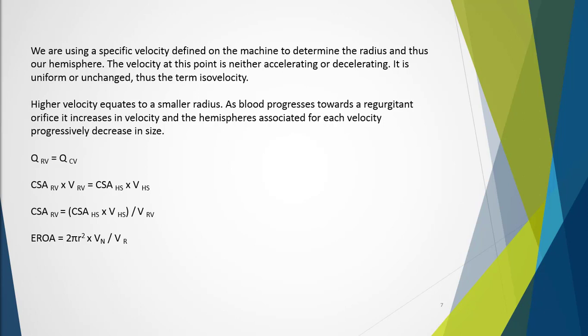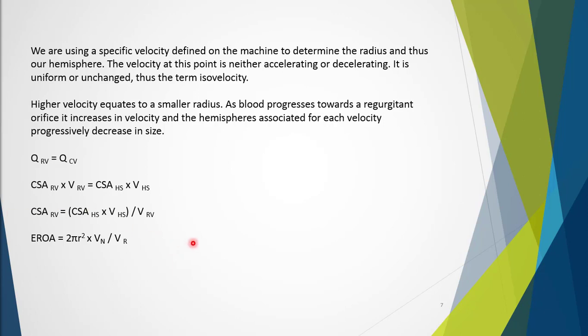However, blood is accelerating as it moves closer to the orifice. Therefore, higher velocities equate to smaller radii. As blood progresses towards a regurgitant orifice, it increases in velocity, and the hemispheres associated with each velocity progressively decrease in size. The specific velocity of any specified hemisphere is uniform.